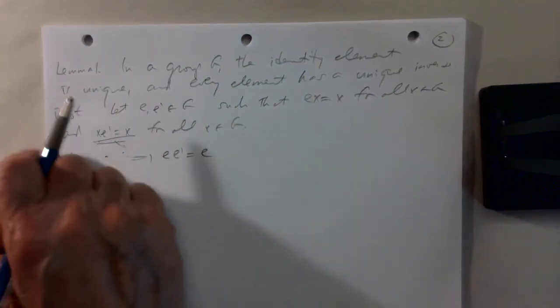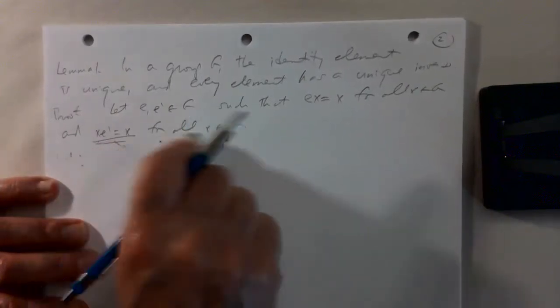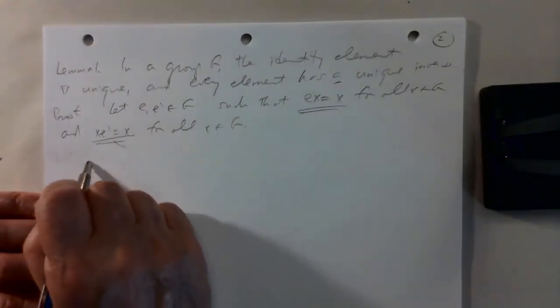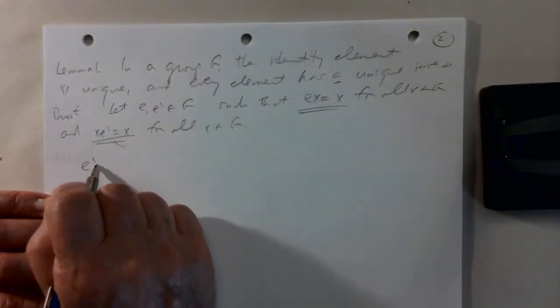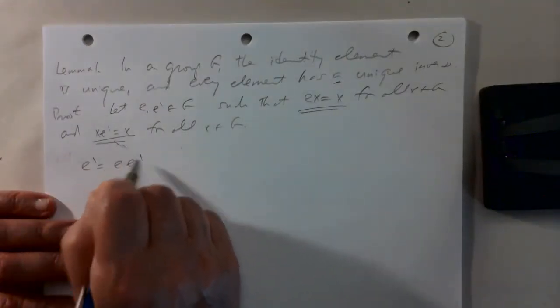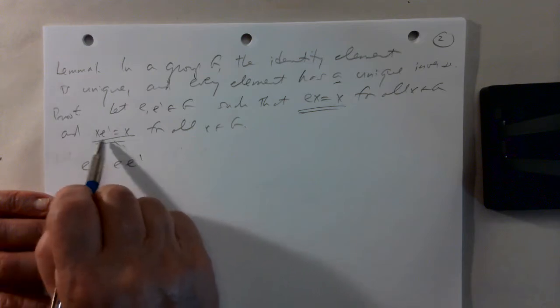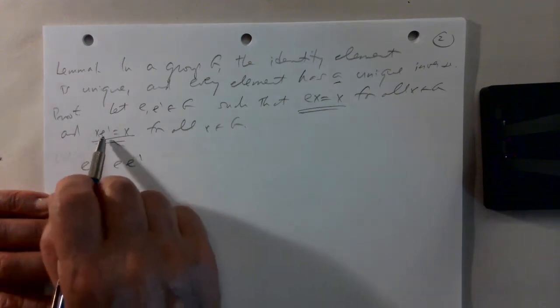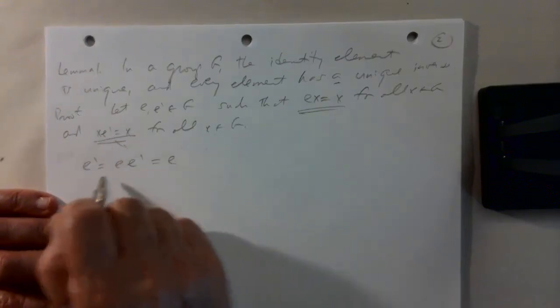Actually, I can make it easier. From this, letting X equal E, we have that E prime equals E prime. And from this, letting X equal E prime, E equals E prime.